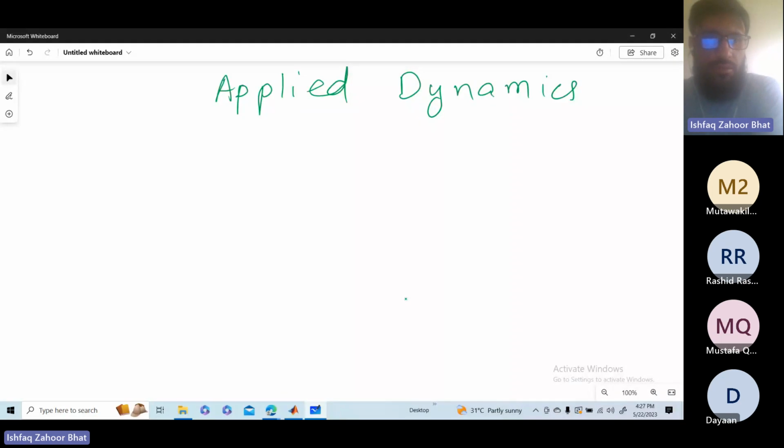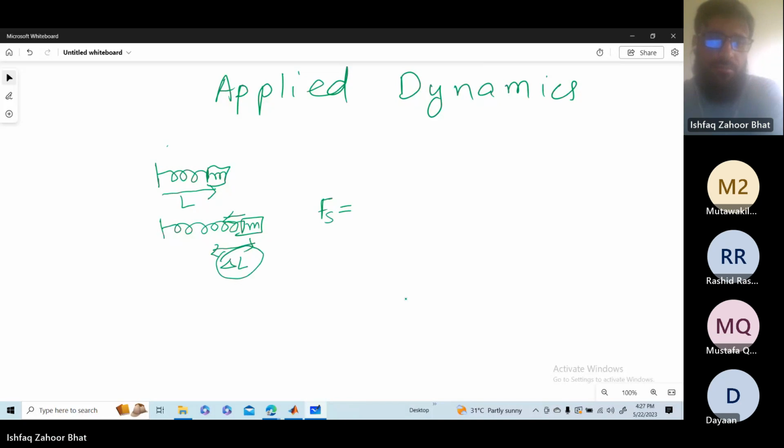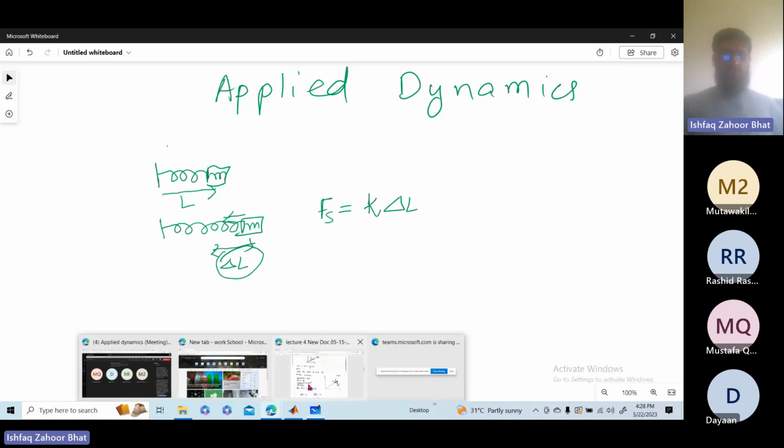Okay, so you know that if we have a spring and we have a mass attached to it, and this is the normal length of this spring, then if we elongate it a little bit, and let us denote this elongation by delta L, then we know that there is a restoring force acting on this mass, and that force, here we have called Fs, and the magnitude of that force is nothing but the spring constant times this delta L. So similarly, here I am using that.